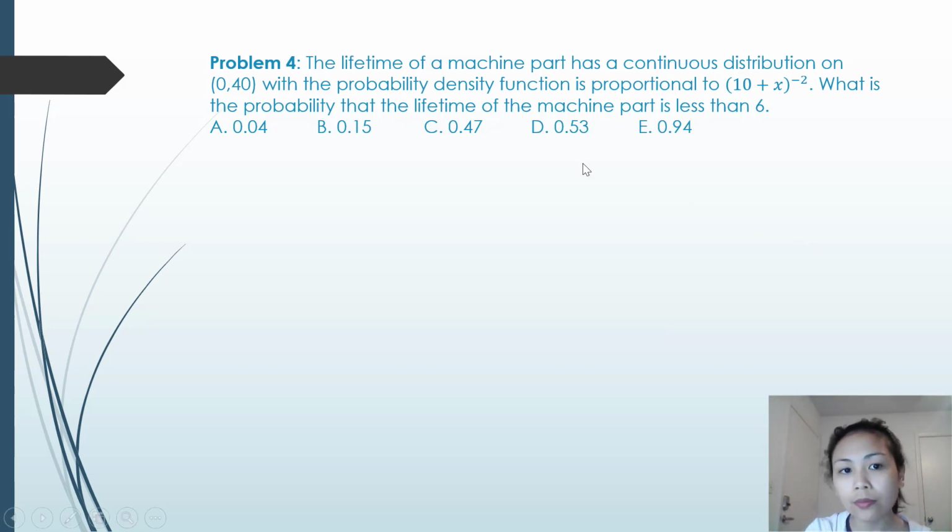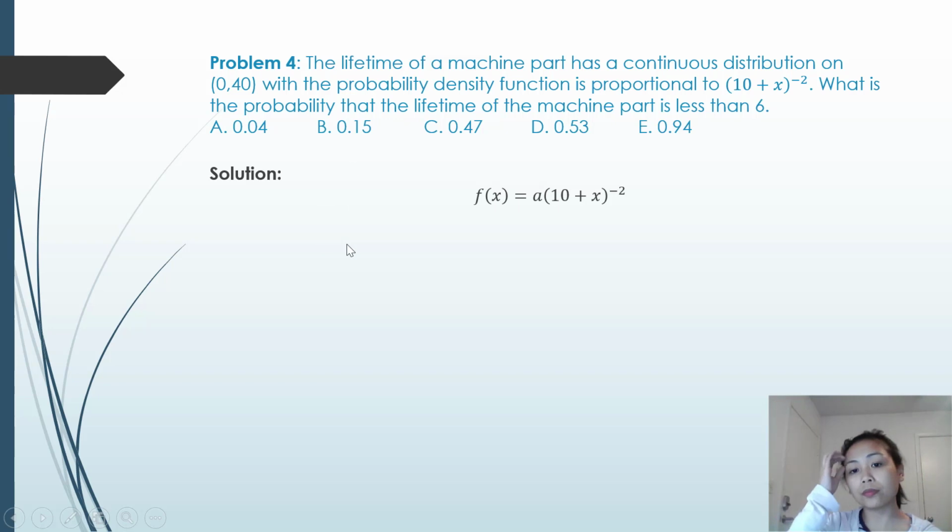So here, between 0 and 40, we have infinite possible values, so this is continuous. To find the probability that the lifetime of the machine part is less than 6, we basically just integrate from negative infinity to 6. But here the minimum value is 0, so we are going to integrate from 0 to 6.